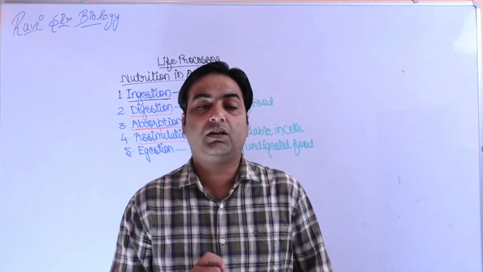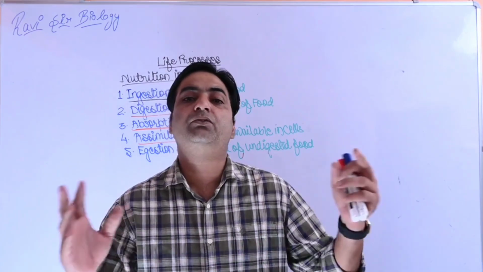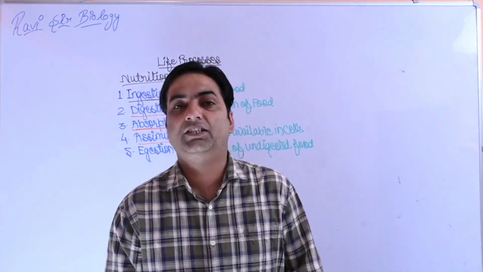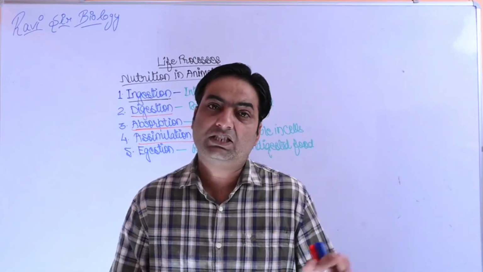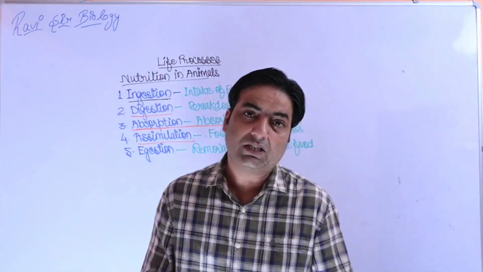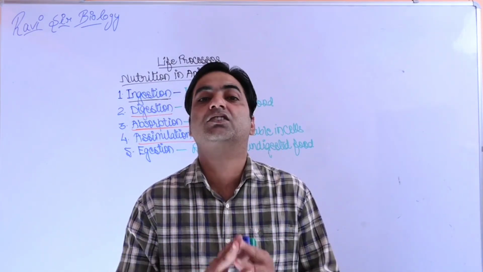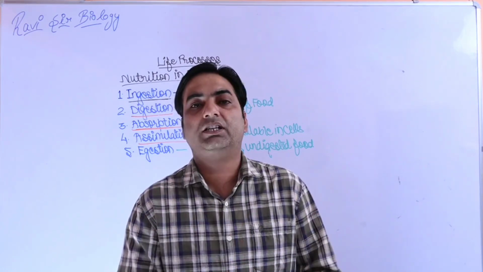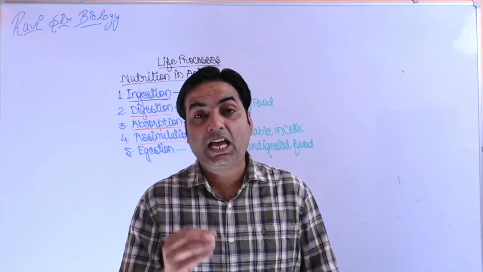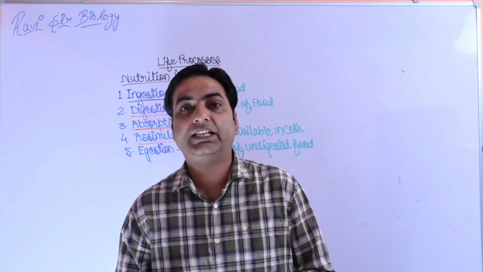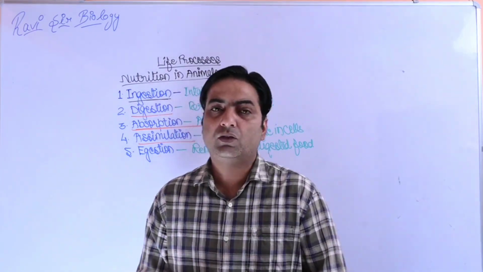The fourth topic is assimilation. Assimilation means the food has been distributed to each and every cell after absorption and digestion. And the last topic is egestion. The food material has been digested, absorbed, and assimilated, but some of the food material is left as it does not get digested in the alimentary canal or the organism's body, and therefore it has to be removed out of the body, as it is toxic and harmful for the body.